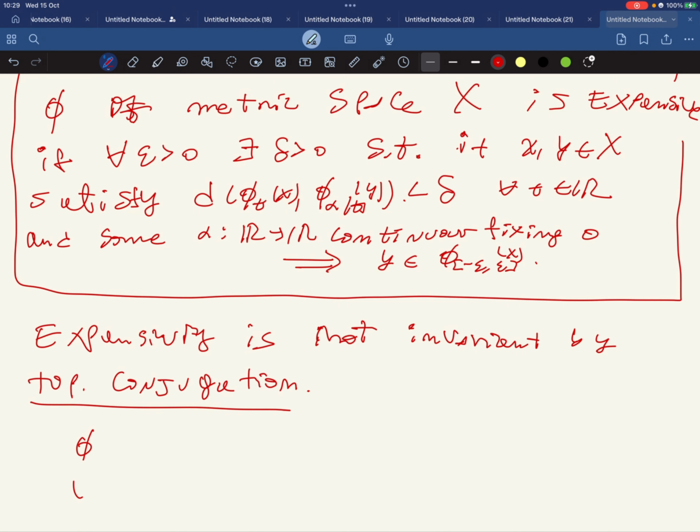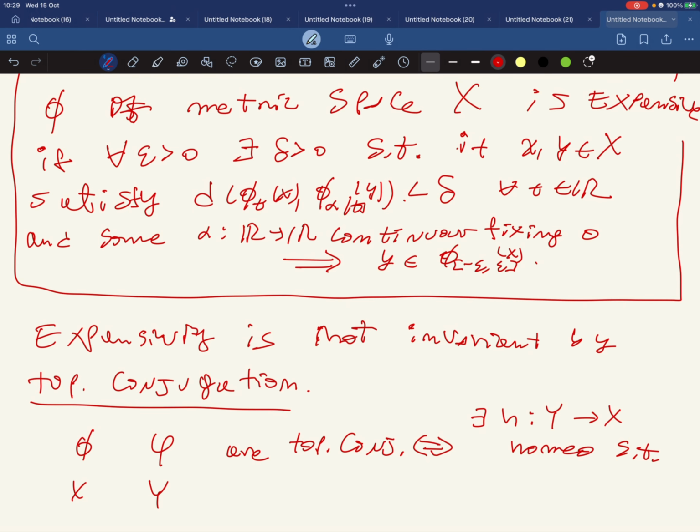We say that a flow phi in space X and a flow var phi in space Y are topologically conjugated if and only if there is a homeomorphism H from Y to X such that phi t composite with H is equal to H composite with var phi t.